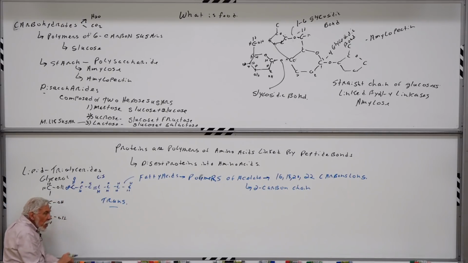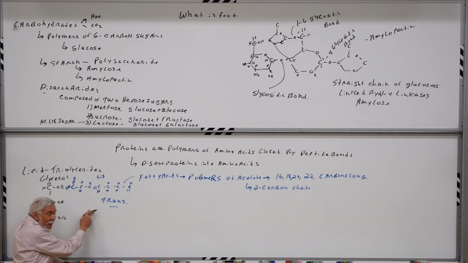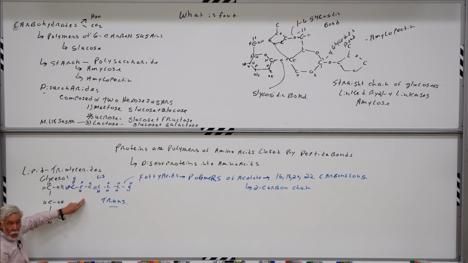This trans configuration doesn't happen very much in biology, but as good human chemists, we can make these. And it was found that if you would make trans fats and put trans fats into processed food, you could make processed food like cakes and sweets and such, put them on the shelf, and they would stay fresh for weeks or months at a time.